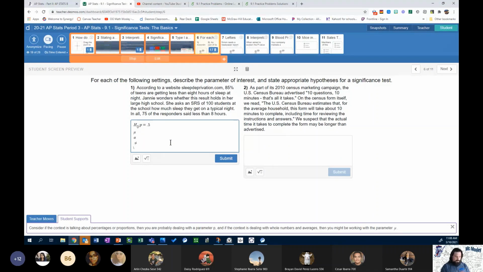Greater than or equal to is \geq. Less than or equal to, \leq. All right, so we can get all of these symbols if we need them.